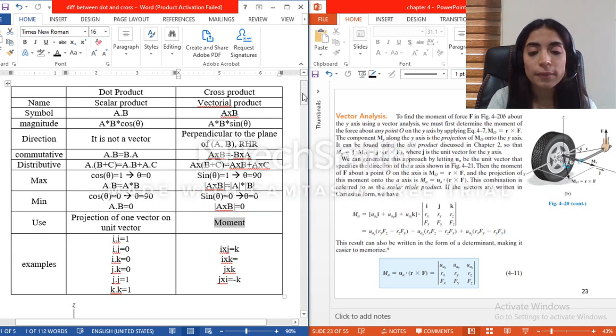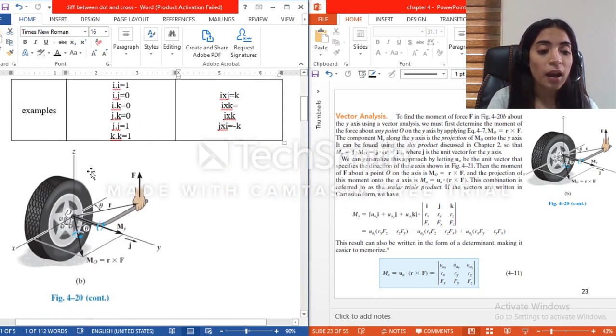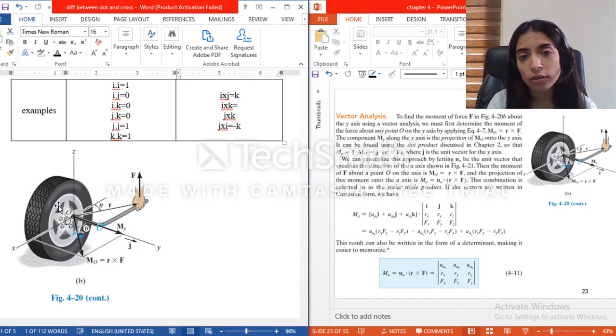So assume guys that I have this figure right here and I need to find the projection of the moment of this force F around O on any vector. So I will be more general. I will say that I need to find the moment projection of F around O on any vector that has a unit vector of u.